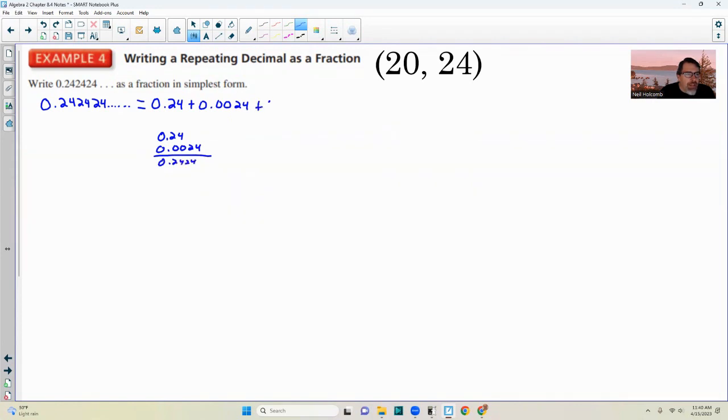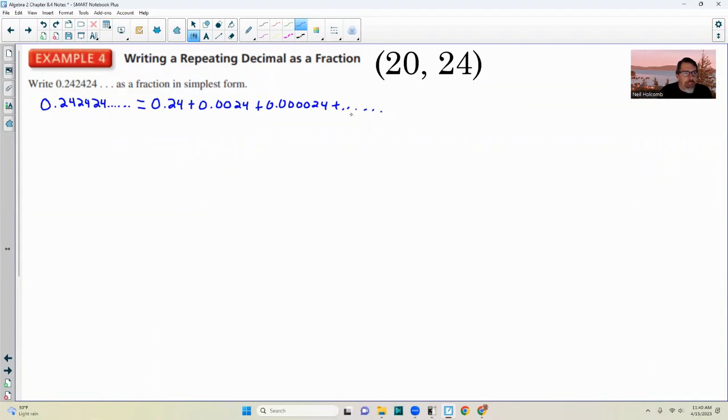And if I add 0.000024 here, then I'll get 0.242424. So really all we are doing is putting 2 zeros in place of the term that was before it. So this keeps going and going, plus dot, dot, dot.